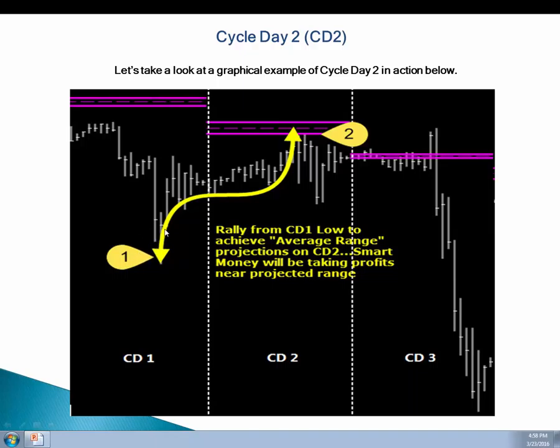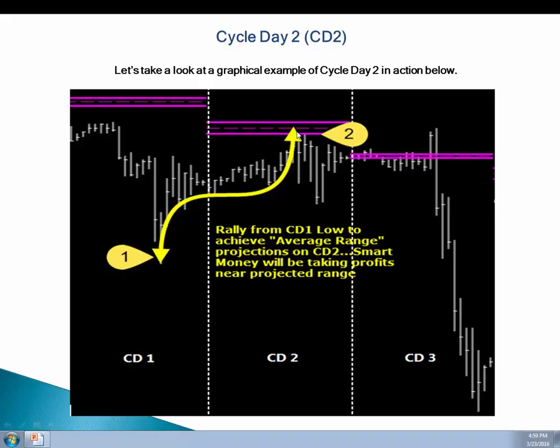And then they begin to move price back up, cleaning out whatever residual sellers may be left over, but any residual sellers are more likely not strong, and the rally can now continue. Now again, the rally from the cycle day 1 low, that secure low, to whatever the potential high is for the cycle day 2 high.